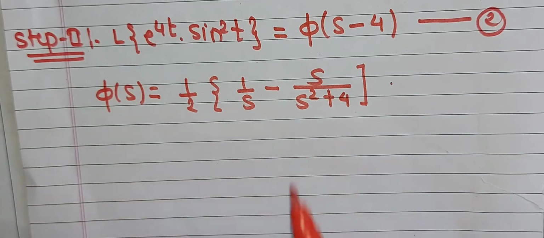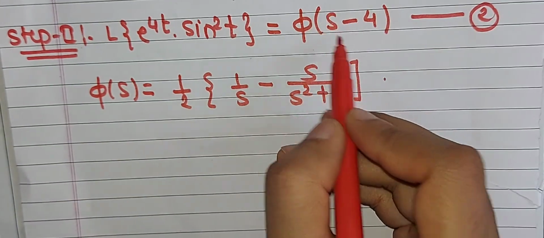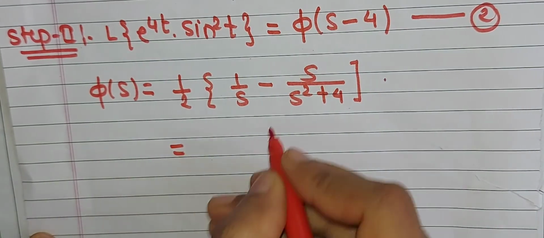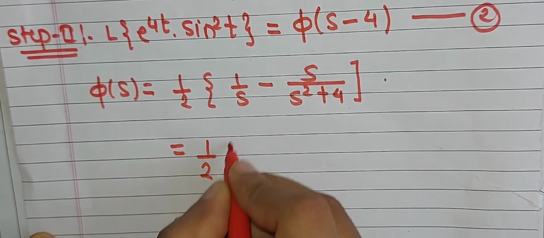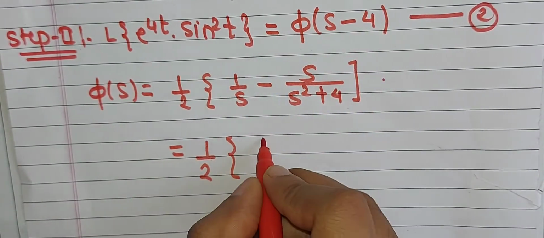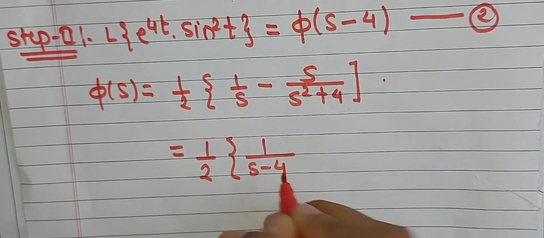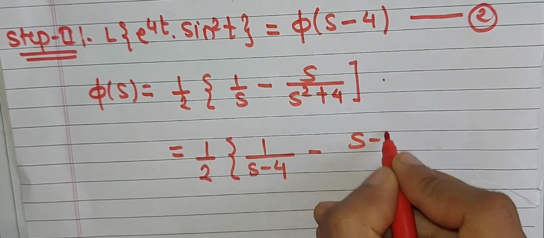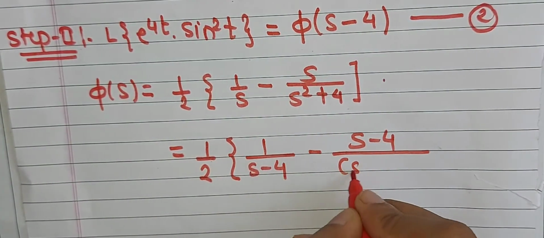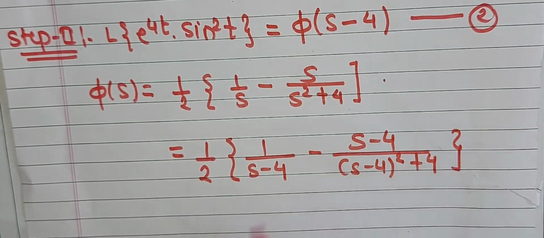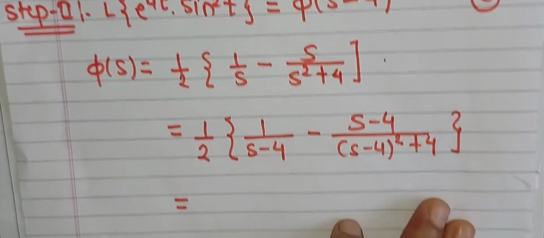Now just replace s by s minus 4. Therefore this equation gives 1 by 2 into (1 by s replaced by 1 divided by s minus 4, minus s replaced by s minus 4 divided by (s minus 4) square plus 4 as it is). So this is possible with the help of equation number 1.